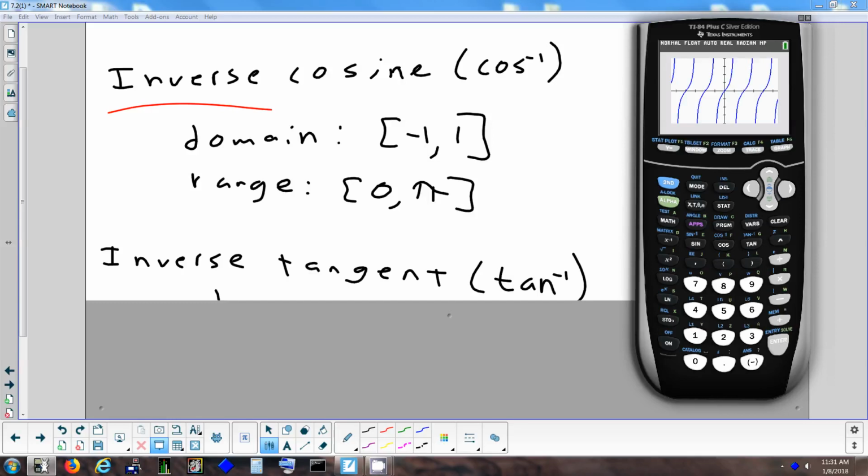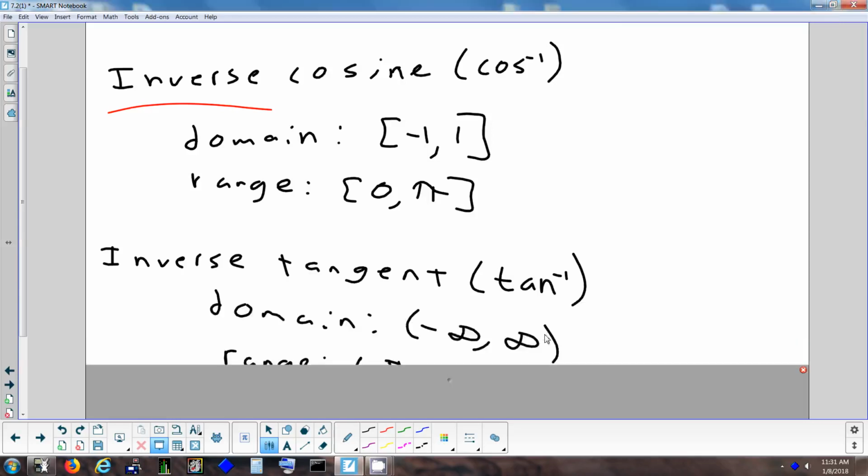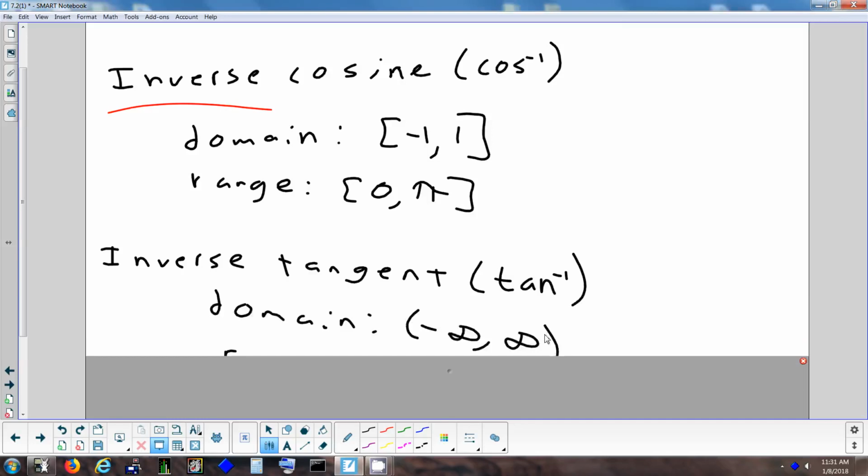In the original tangent function, the range is negative infinity to infinity. That range is going to turn into the what? Domain. So the range in the original turns into the domain in the inverse.